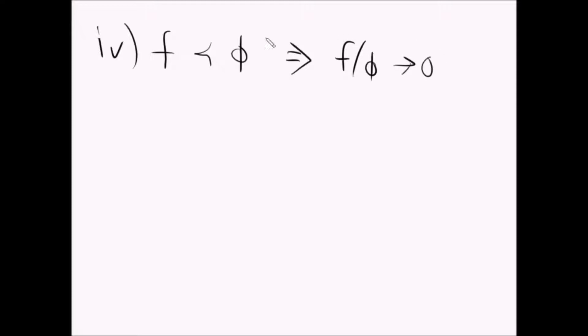So that's essentially the same as saying it's little o of phi. Not much utility in that one. If we have the curly greater than symbol, that means that f over phi tends to infinity.